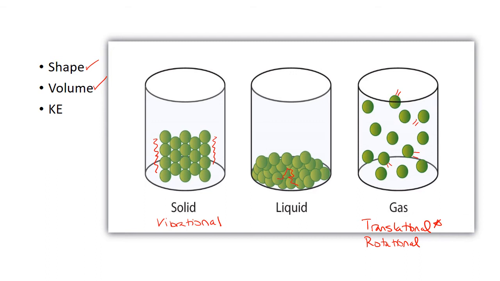I mean, they might take some sort of crazy path to get there, but it can eventually work its way across the container, which means it has to have translational movement. Translational movement is the one that you would need in order to take the shape of your container. Since solids don't have that translational movement, they can't move around to take the shape of the container. Okay, so that's kinetic energy there.